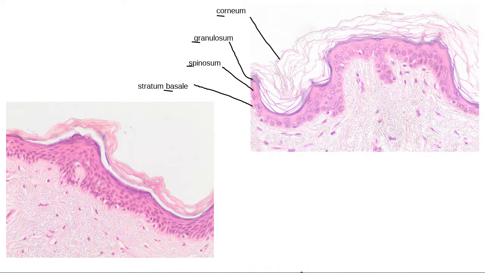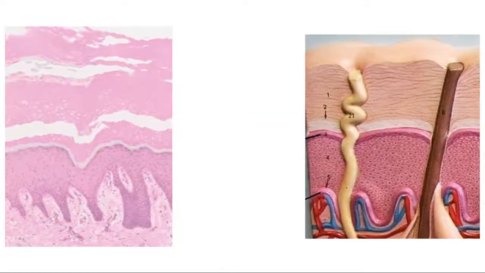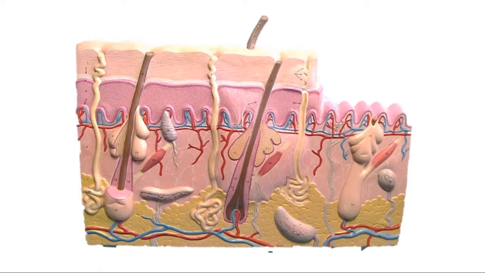All right, so that's all you need to know about the epidermis layer of the skin. We need to know those layers, those strata. We need to know that it's made out of keratinized, stratified, squamous epithelium. When we're talking about the dermis layer of the skin, there are a lot more structures that we need to know when we're focusing on that layer.